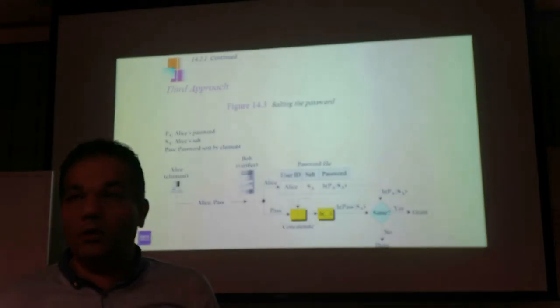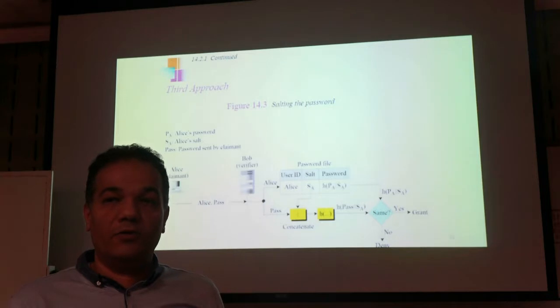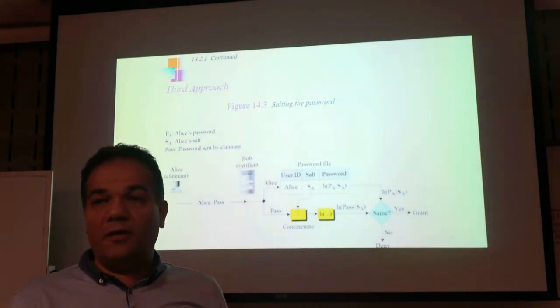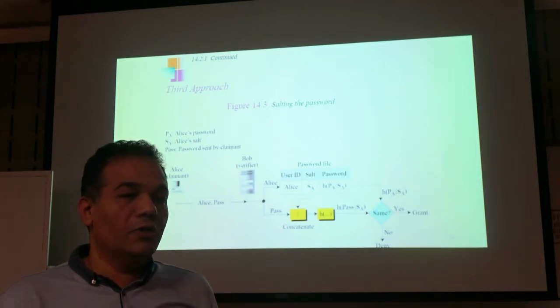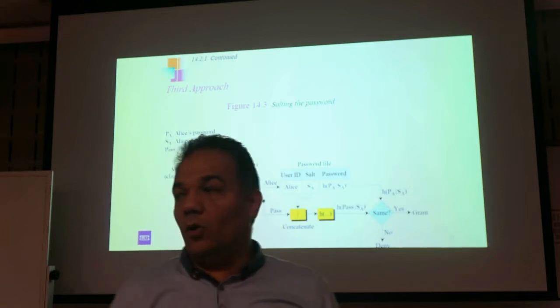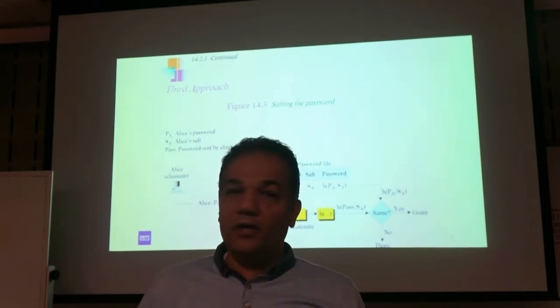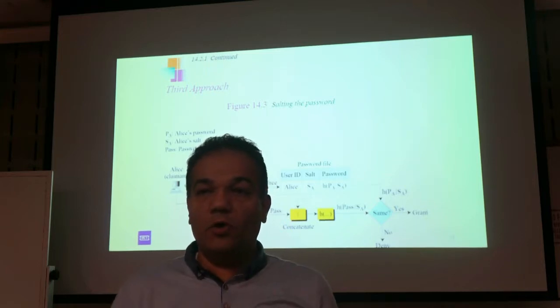If, for example, the password length is 5 characters, all right? Or 10 characters, that means the options will be about a million. So a simple program could run a dictionary attack, try all the combinations, hash them, and get it. So we need to make it much more complex.